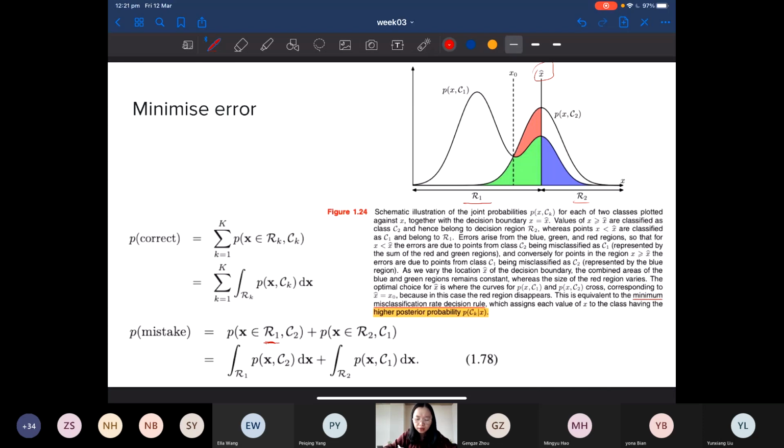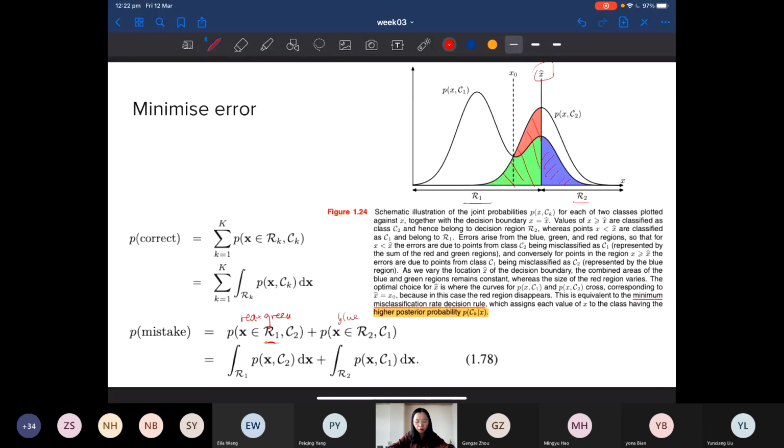So if we look inside the region R1 and at the probability that x actually belongs to C2, it's this part, the combination of the red and green parts. And then what is the error from the other class? Basically, x in region 2, but actually belonging to class 1. That will be this blue part.